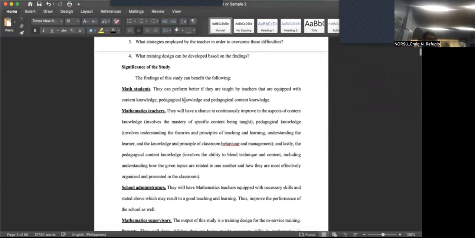Then after that, we have the significance of the study. In some formats, after the statement of the problem comes the hypothesis. We look at hypotheses if there is a problem that looks for a significant difference or significant relationship between and among variables of the study.